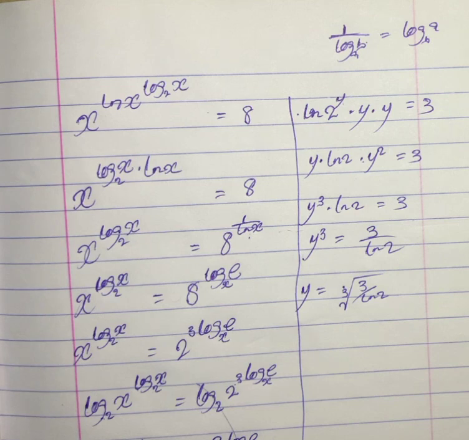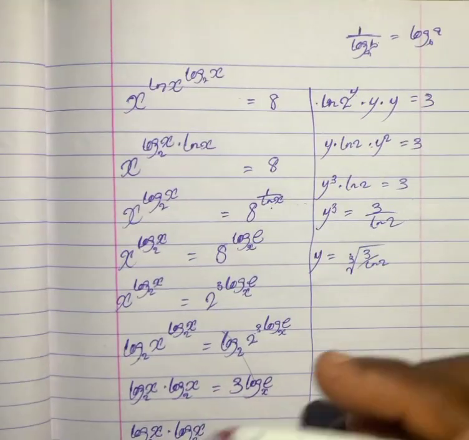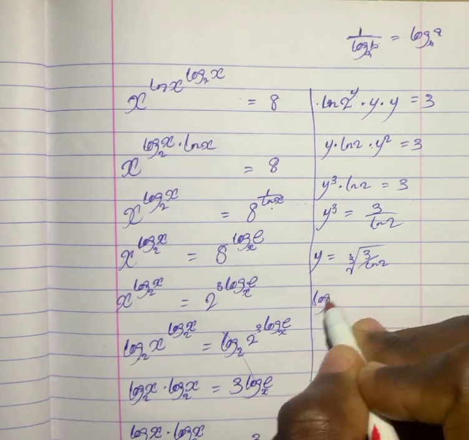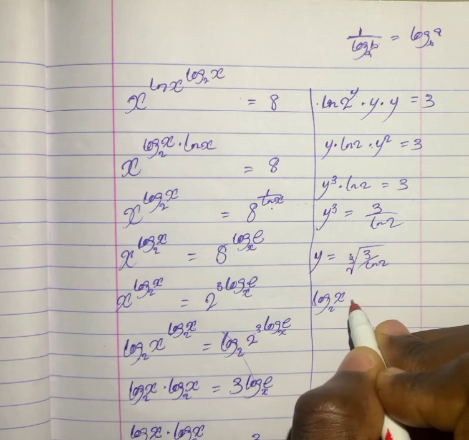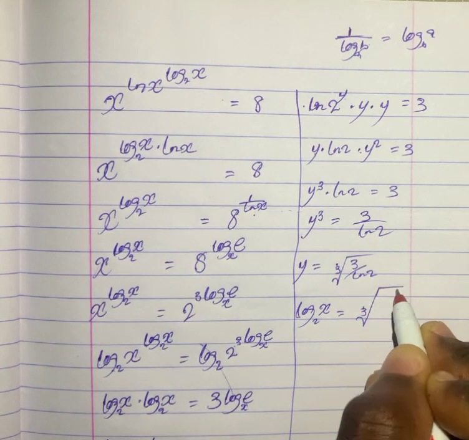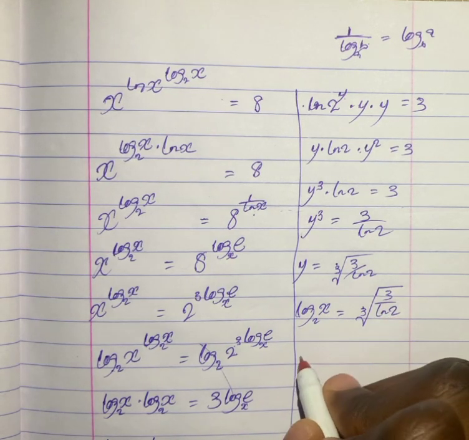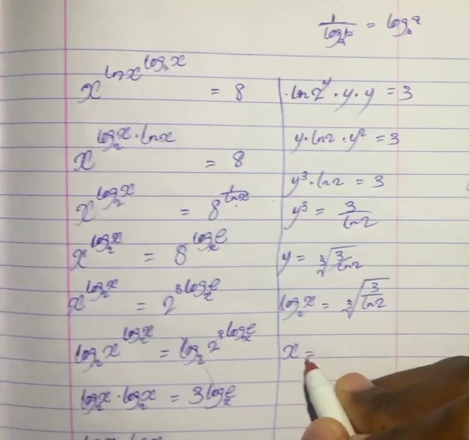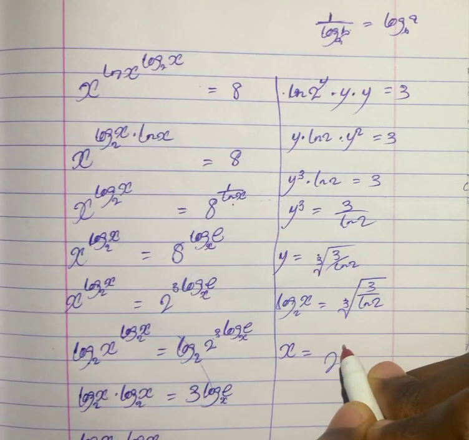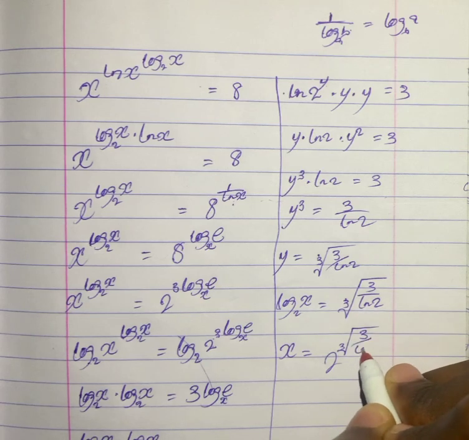So now you know from here that y is log x base 2. So you say log x base 2 equals the cube root of 3 over ln 2. So x equals 2 raised to the power of the cube root of 3 over ln 2.